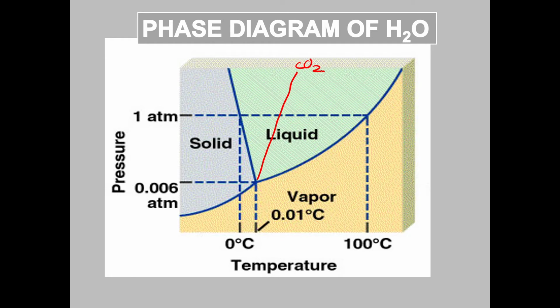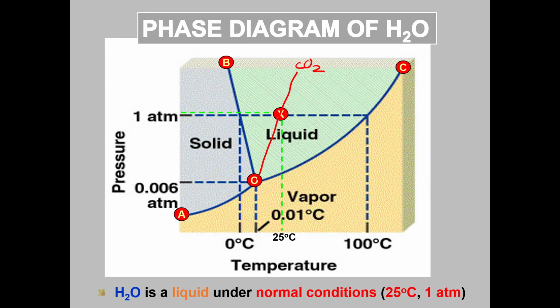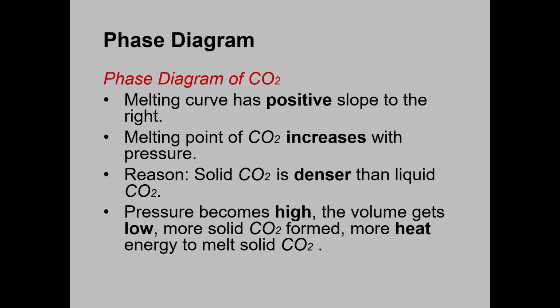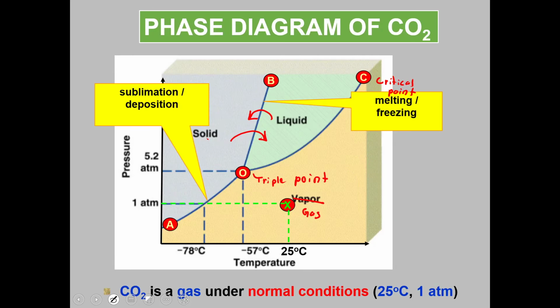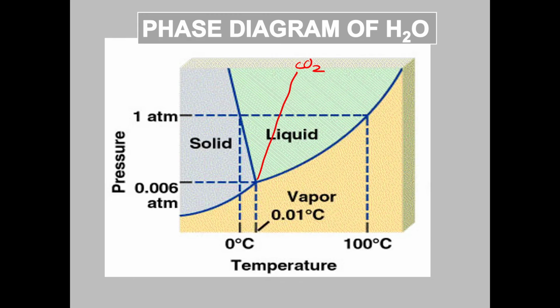Why, and what is the significance of the line slanting to the right or to the left? Okay, for CO2 we call it a positive slope, so the slope is like this. This slope to the right we call a positive slope.